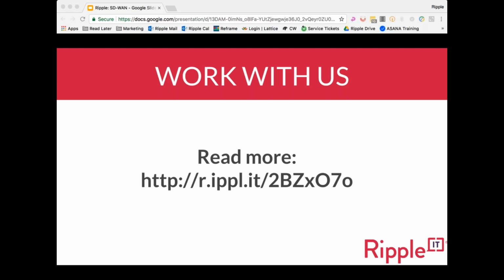Great. There's another question here: is there a cap? Is there a max combined bandwidth that is actually supported? Yeah, so right now with VeloCloud, I believe the largest device they have is a 2 gig device, which basically means 1 gig down, 1 gig up.